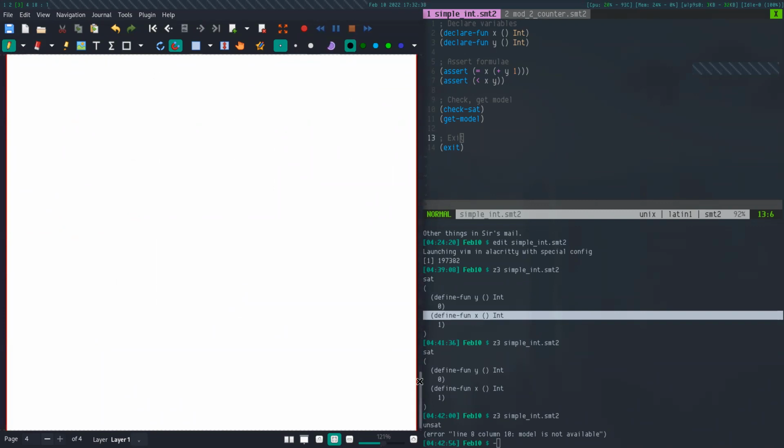All right. So now let's come to SAT solvers and SMT solvers more specifically.